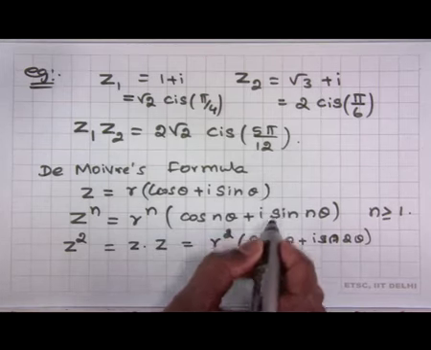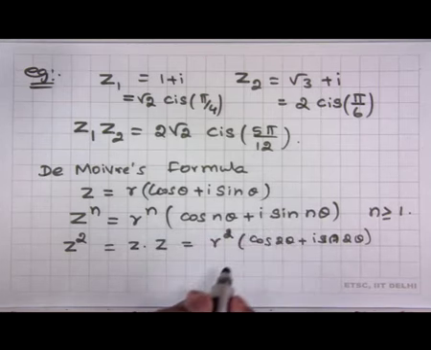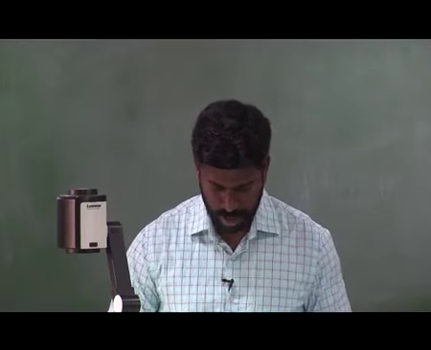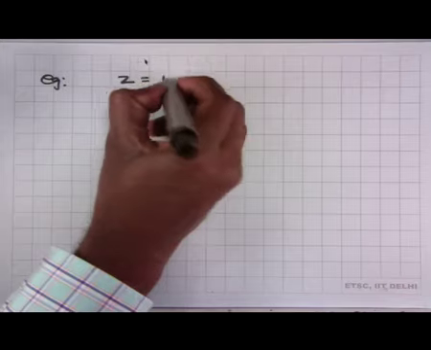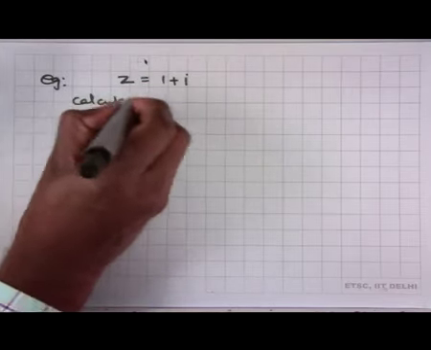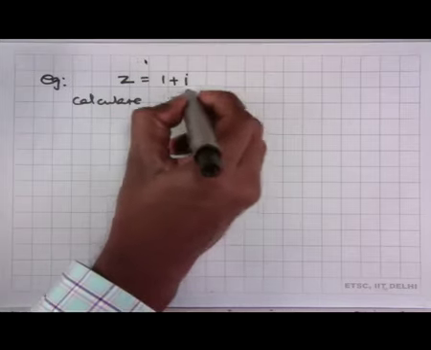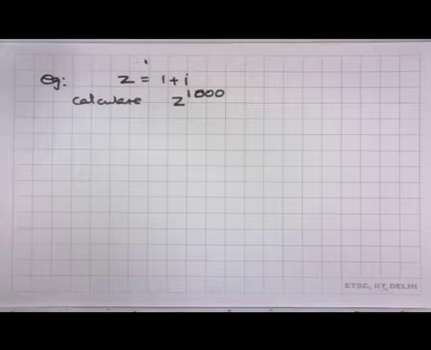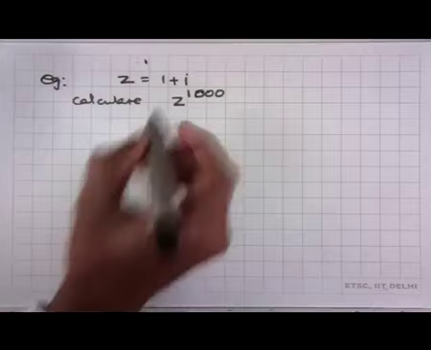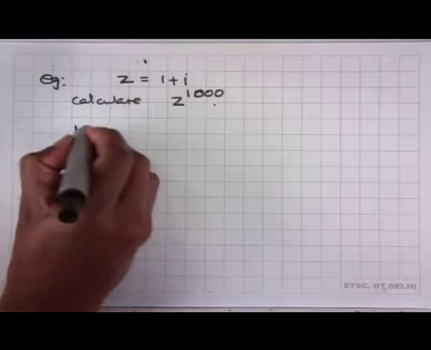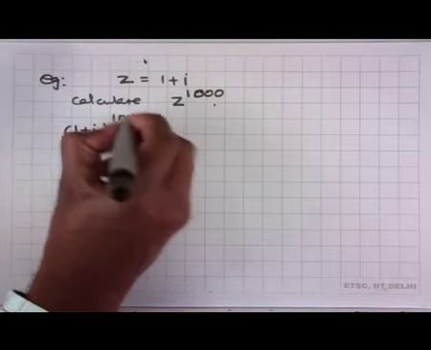cis n theta. Let us do a simple example, say z as 1 plus i, and calculate z to the power 1000.